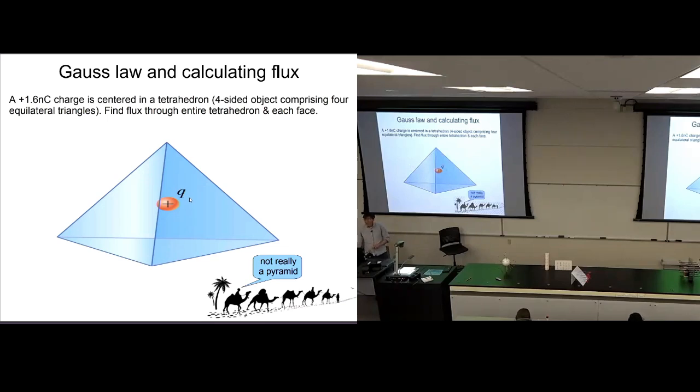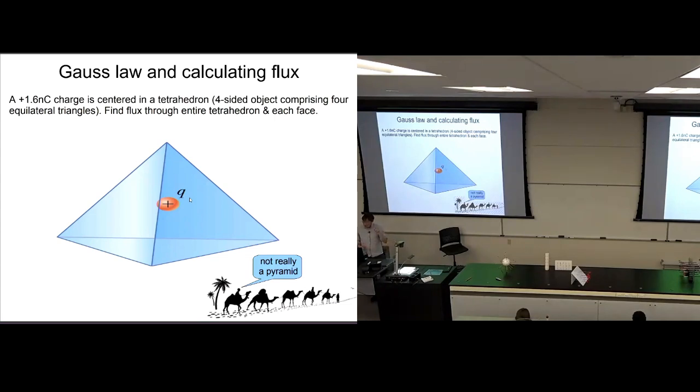A tetrahedron is a geometrical shape made of 4 equilateral triangles put together in a three-dimensional shape. So it has 4 equilateral faces. That's not a pyramid, but it looks like, to a non-expert, a pyramid.